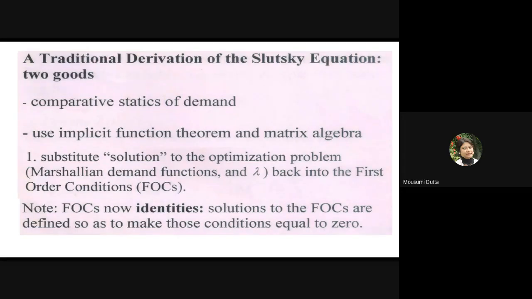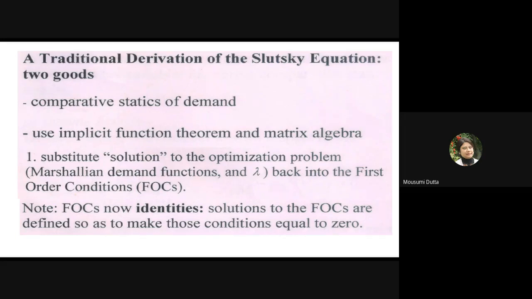Now, derivation of the Slutsky equation is based on the comparative static demands. Comparative static demand means we have to start with the value function. So as if I have maximized utility subject to the budget constraint and got the values of x1 star and x2 star, which are functions of P1, P2, and M. In a two commodity world, there are two commodities.